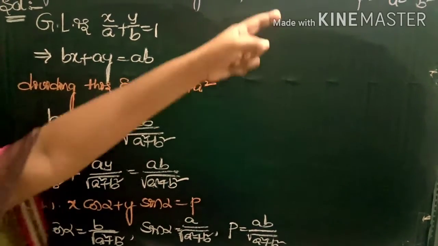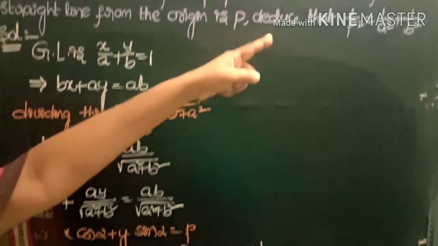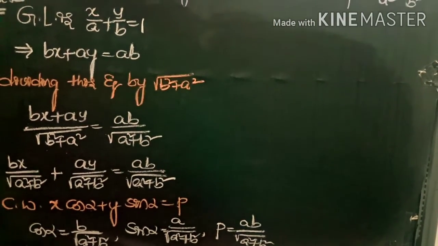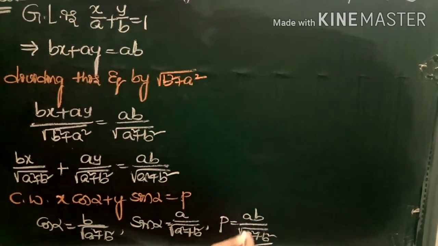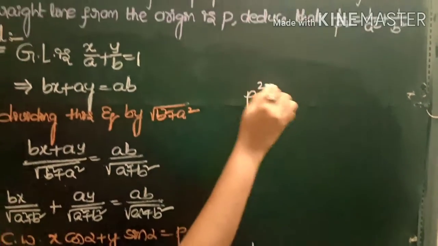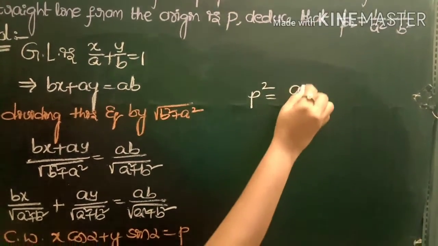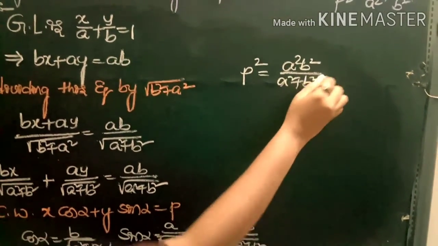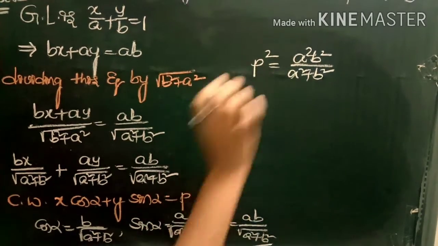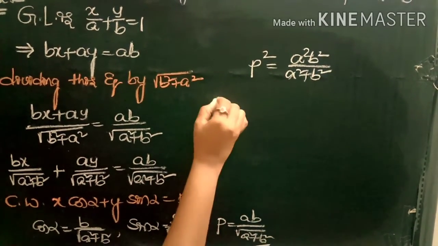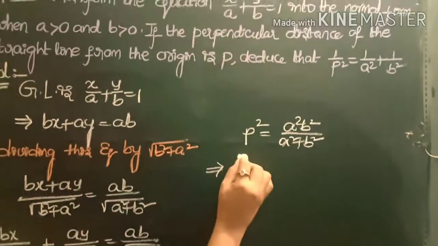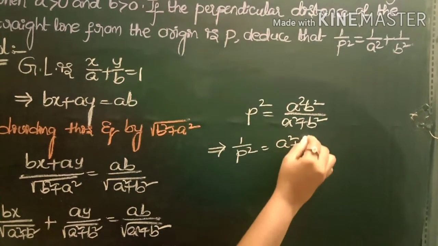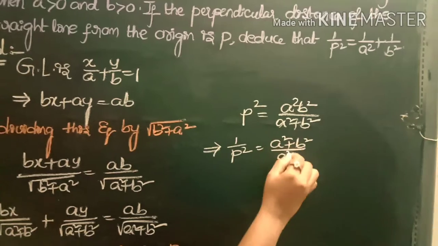Also we want to deduce that condition. So we want the value of 1 by p square. First we take the p value and square both sides, then take the reverse of that value. So this is the p value. Now, what is p square? p square is equal to a square b square by a square plus b square. But we want 1 by p square, that is the reverse of this fraction: a square plus b square by a square b square.